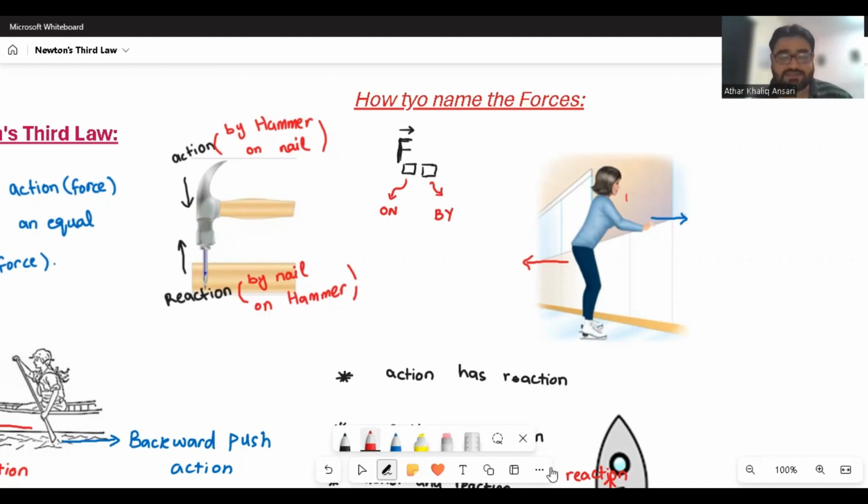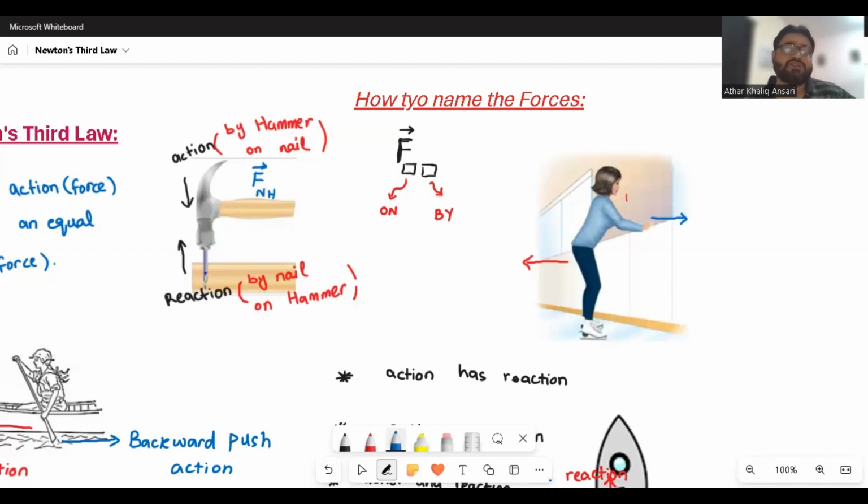So I can say action is a force that is applied on the nail. I cannot write the full word for the nail, so I will just write the letter N, the first letter of nail. So the force of action is on the nail, so I choose N, by the hammer, and for the hammer I choose H.